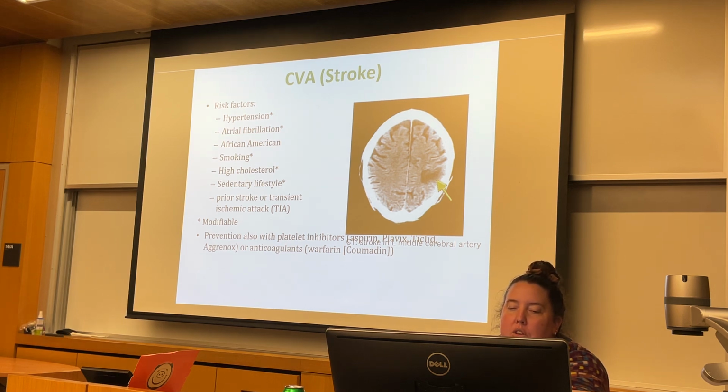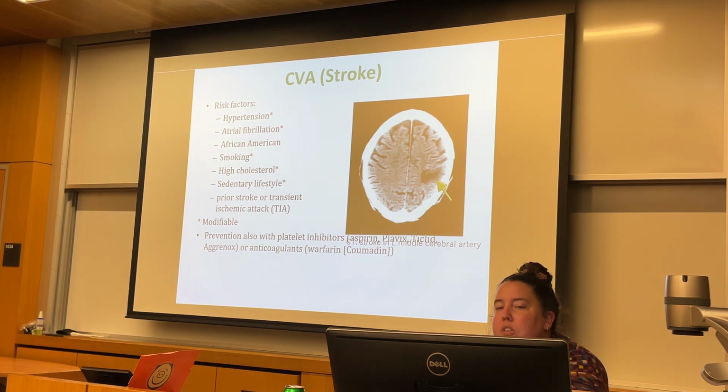It's important to note that those with an asterisk here are modifiable. So hypertension, we can control hypertension. At least we can try. Atrial fibrillation, again, medications can help control atrial fibrillation. There are treatments to help control atrial fibrillation. We cannot control our ethnicity or heritage, right?